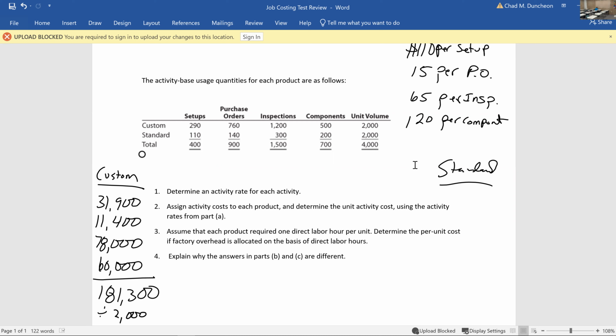That's how I thought I made it. See, if you can do it for one of them, you can do it for the other one. It's the same process. You just use the other numbers. And then you divide by unit volume 2,000. How many of that one was made? Then you do 100,000.